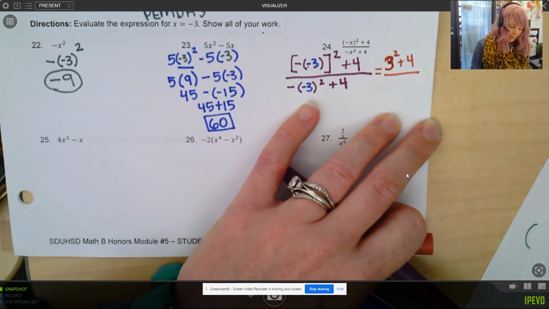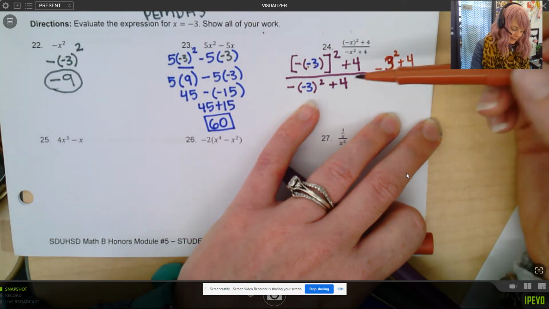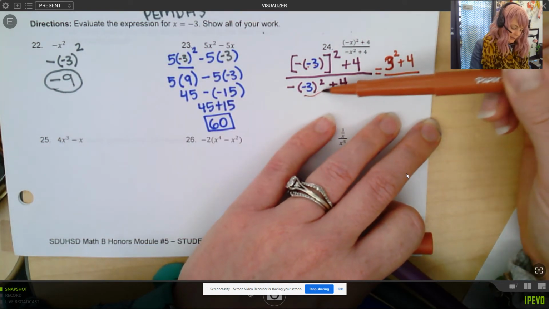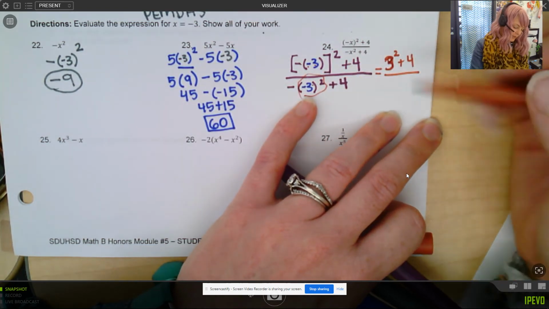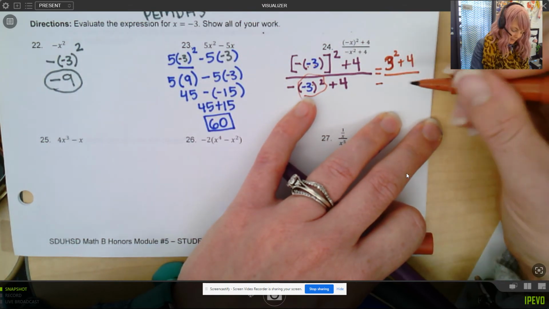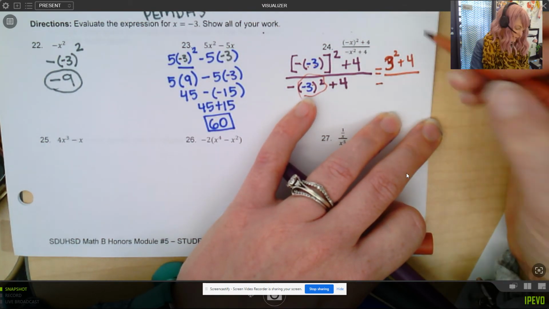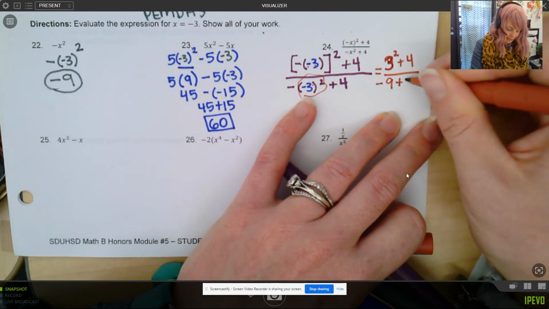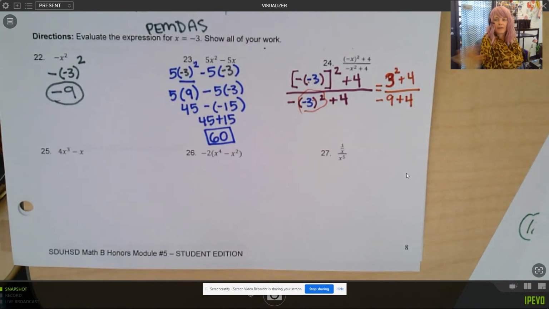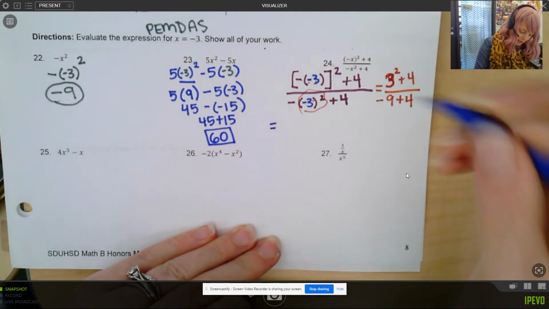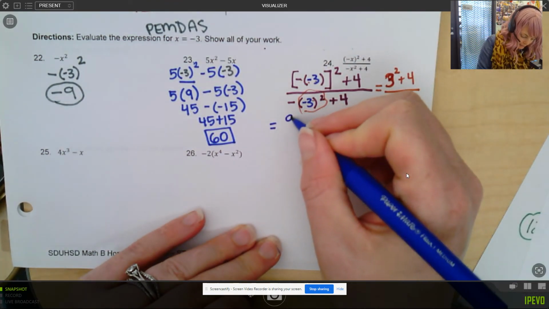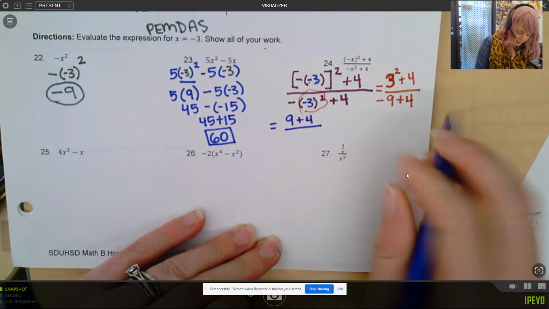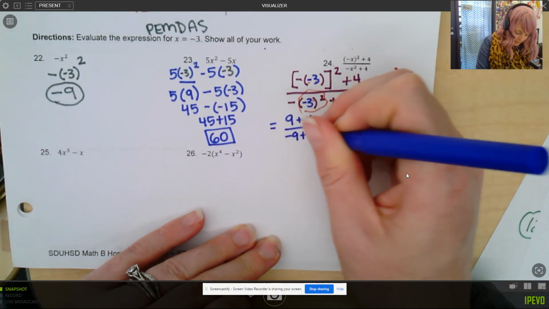And in the denominator, if we are simplifying this, notice we have to do this exponent first before the multiplication. So we would have negative 3 squared is 9, so negative 9 plus 4. Remember, we have to simplify the whole numerator and the whole denominator. So here, 3 squared, 9 plus 4, over negative 9 plus 4.